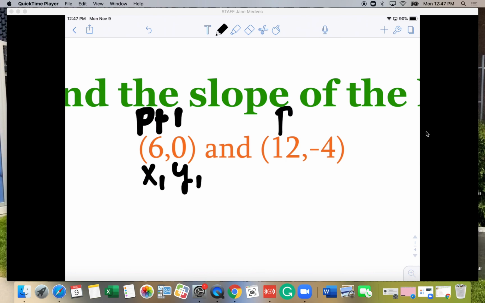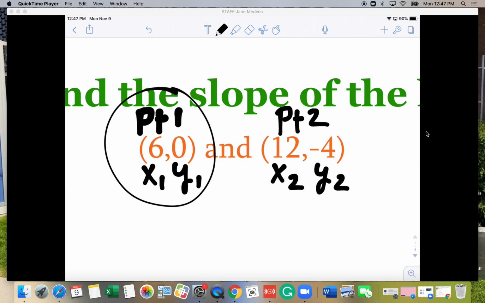The second point, we're going to call this point 2. And so I'm going to label this x2 and this one y2. Now, it really doesn't matter whether you call this one point 1 or this one point 2. What matters is that if you label this x1, this one is y1. Okay, so you got to keep it the same.